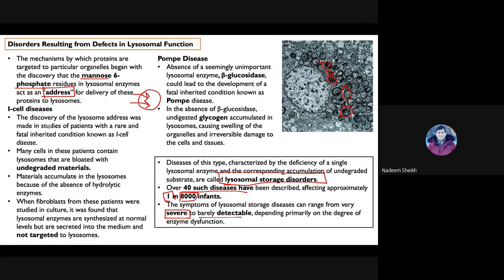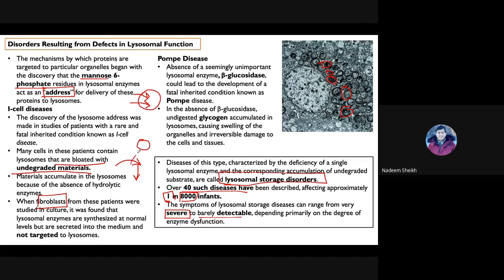So, I-cell disease is a very rare disease, and in this case, the lysosomes are full of undegraded material. The materials are present in the lysosomes, and when experimental studies were conducted using fibroblast cells, it was observed that material is accumulating in the lysosome. The enzyme is synthesized normally, but it is released in the cytoplasm or out of the cell.